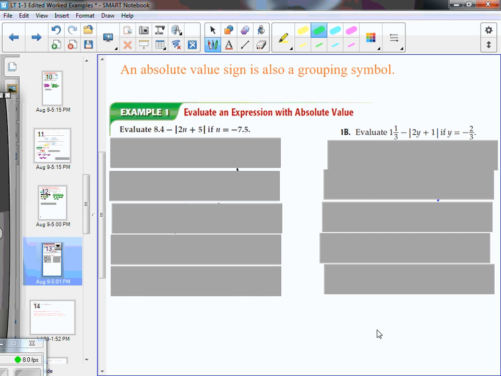So, the first thing we need to do is copy our expression down, but replace n with what? -7.5. So, that equals 8.4 minus absolute value of, and try to make your absolute value signs big enough so that they don't look like ones, because a lot of times mine end up looking like ones and then I'm confused.